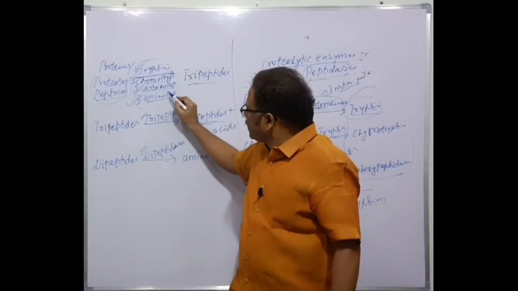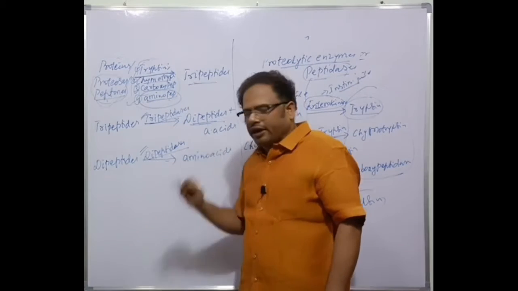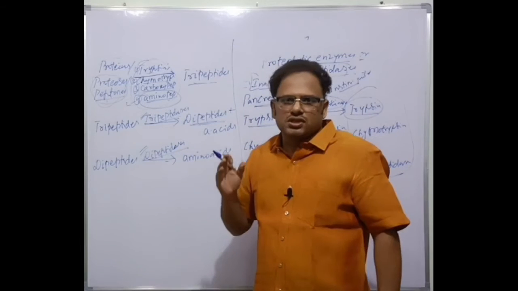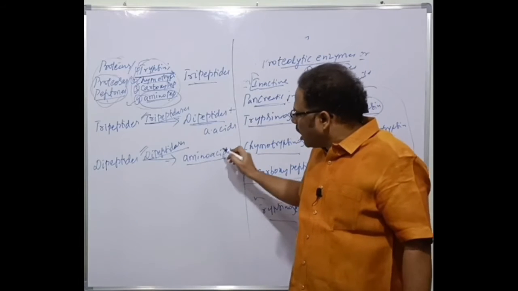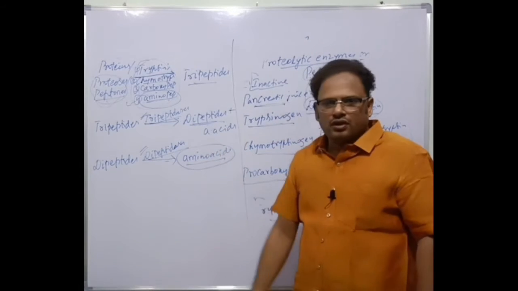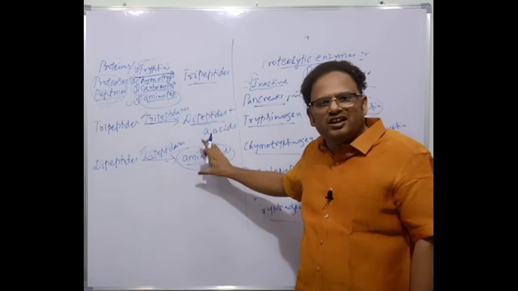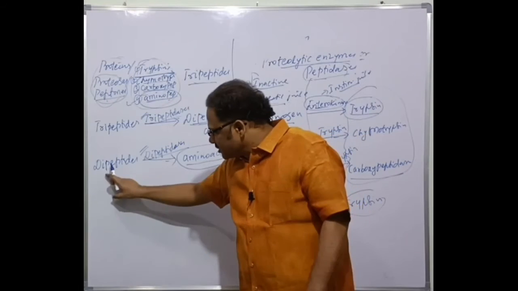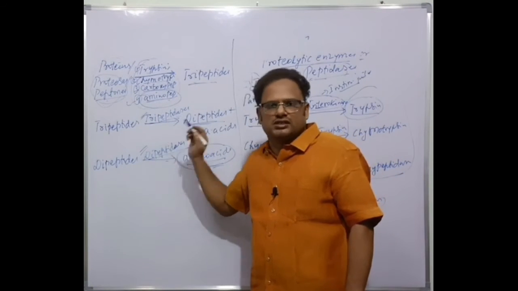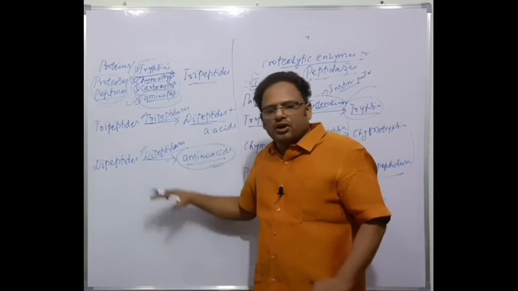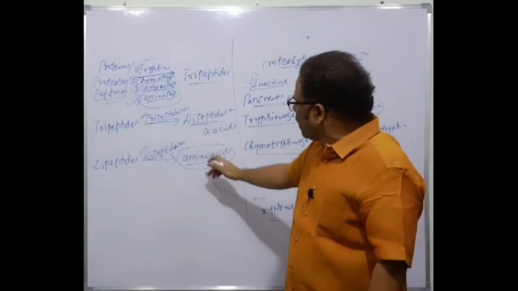We have already discussed that aminopeptidases, tripeptidases and dipeptidases are present in the intestinal juice. So the dipeptides are converted to amino acids, the ultimate products of protein digestion. These cannot be further broken down. These are the end products of protein digestion, the accomplishment of protein digestion. You're following, students, all of you?